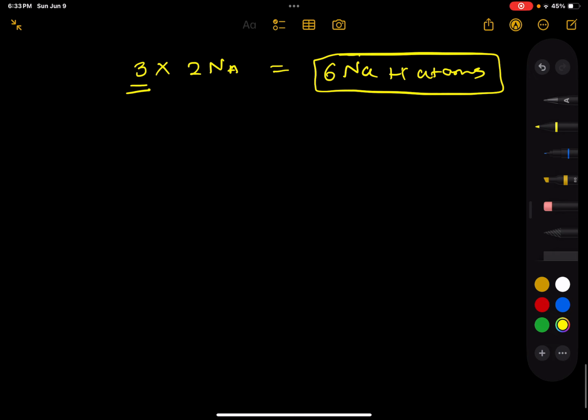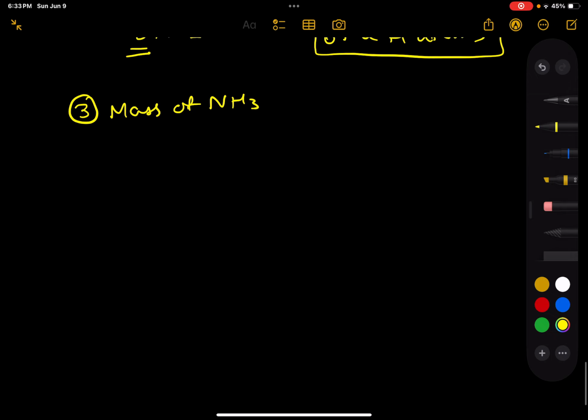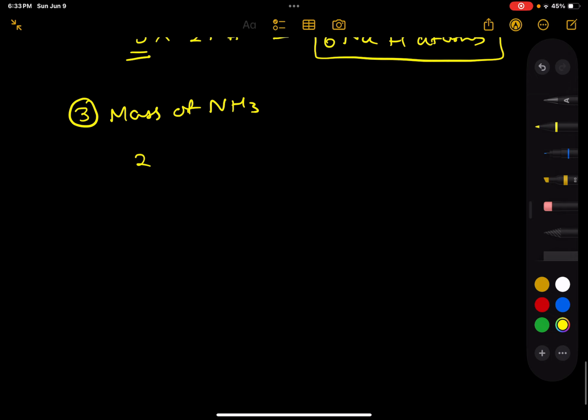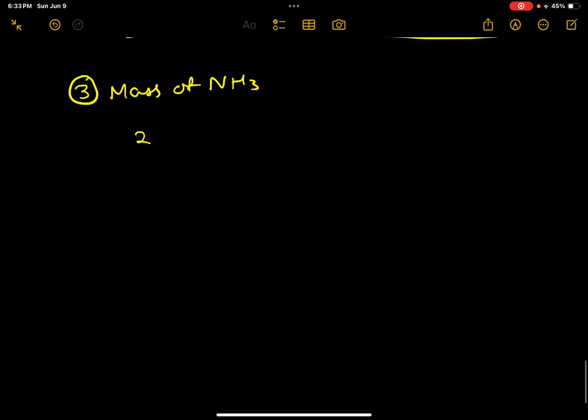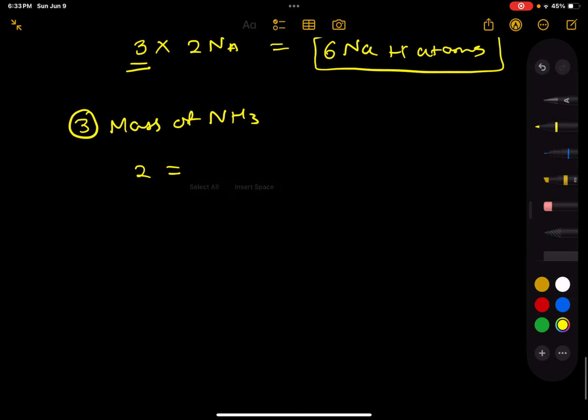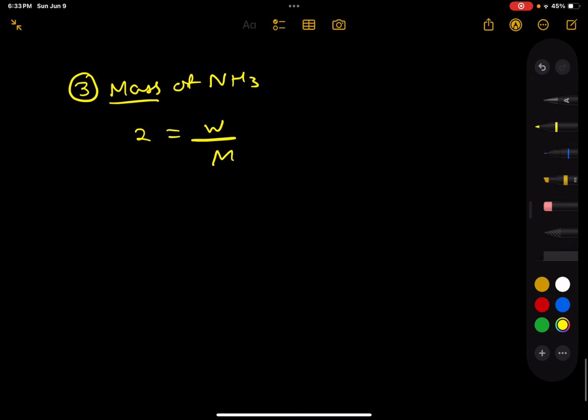Now we want to find out the mass of NH3. So we're given 2 moles and we want to find the mass. The number of moles is equal to W upon M, the given mass upon the molecular mass. And NH3 we can break down into N plus H3.